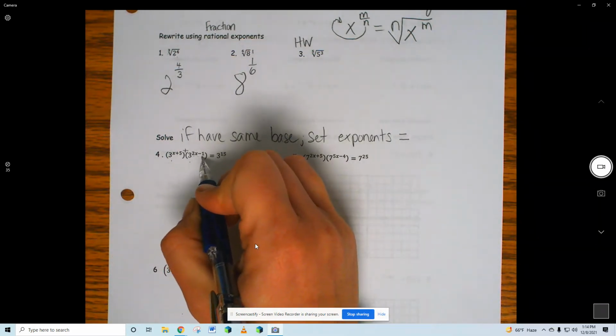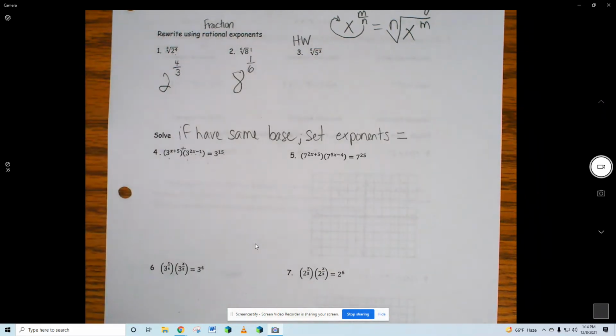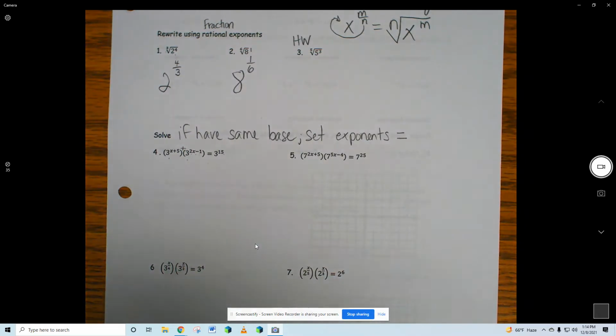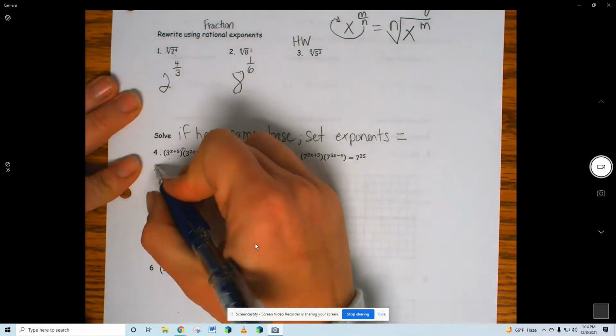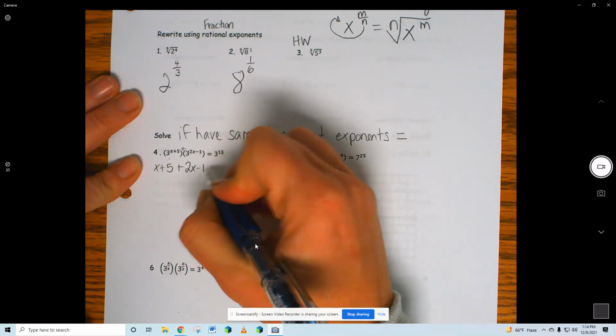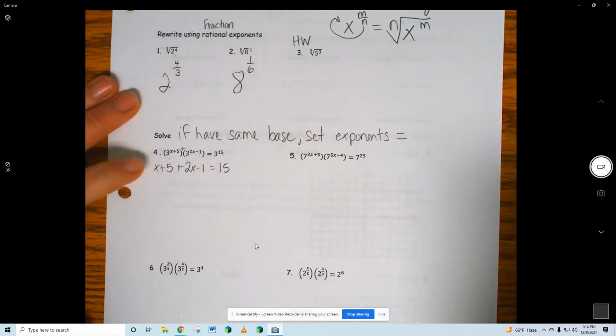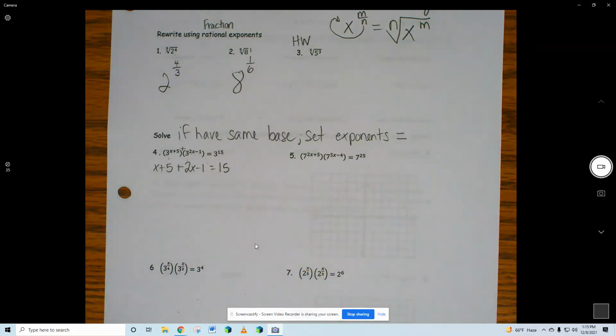Plus 2x minus 1 equals 15. So I'm not going to worry about the 3's anymore. Since all the bases are the same, I can make the exponents into an equation. x plus 5 plus 2x minus 1 equals 15. The 3's are now gone. Doesn't matter what the base is. You make the exponents equal.